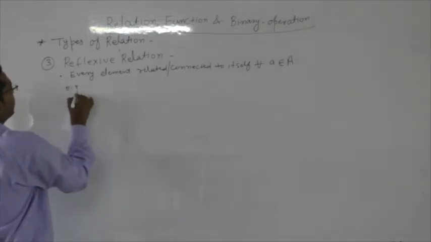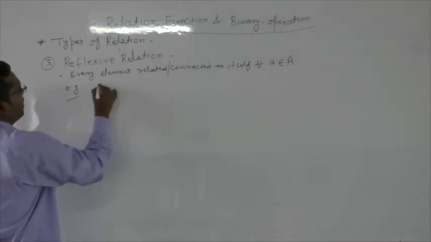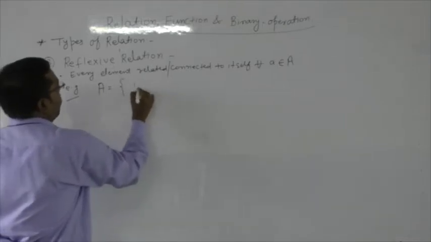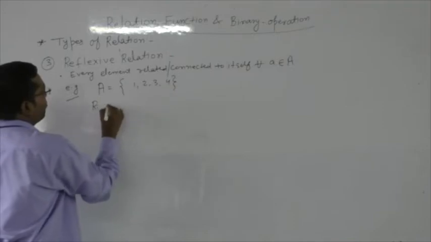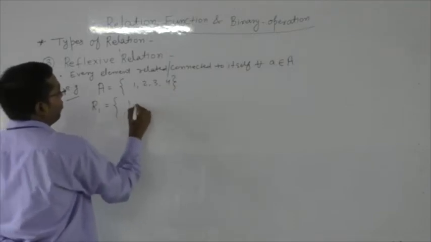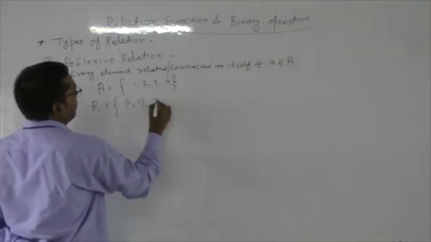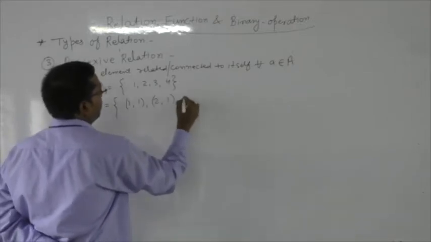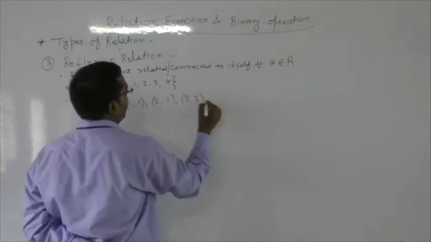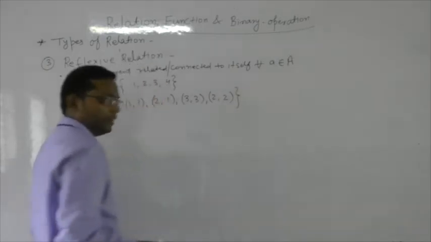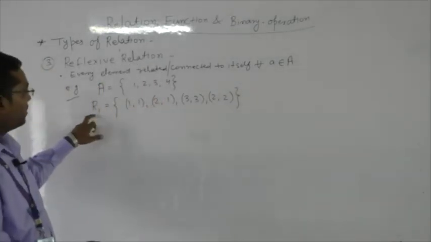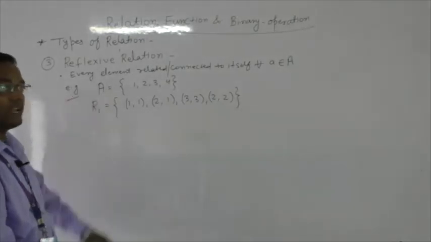For example, suppose we have a set A as 1, 2, 3, 4, and we have a relation R1 as (1,1), (2,1), (3,3), (2,2). Then can we say this R1 relation on set A is reflexive?